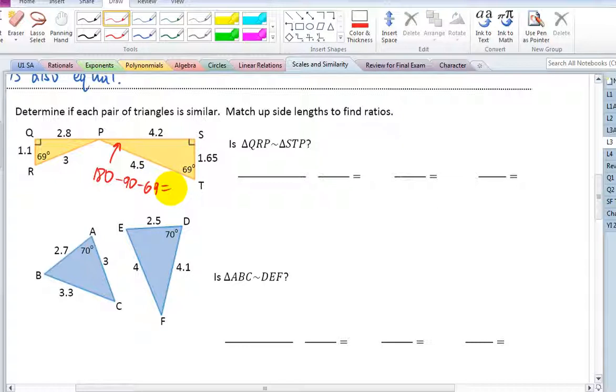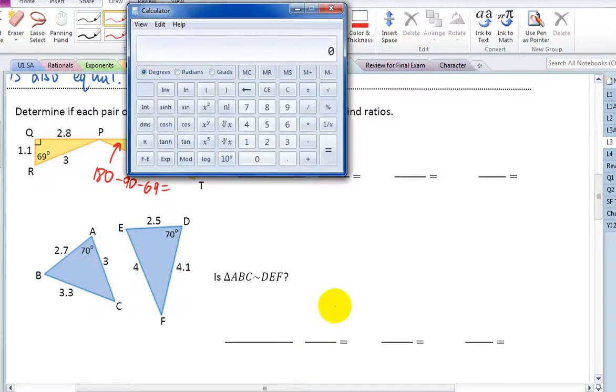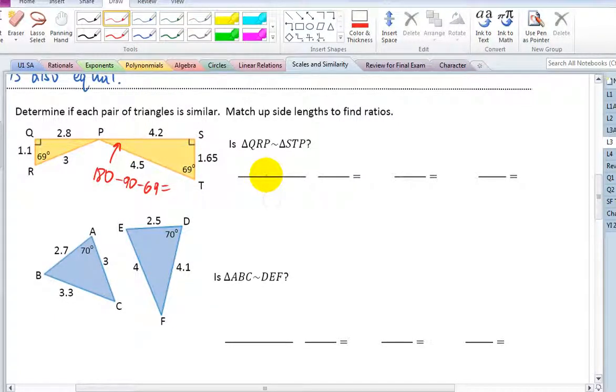180 minus 90 minus 69. Oops, that's not right. 21. Okay. Guess what? This is also 21 degrees.